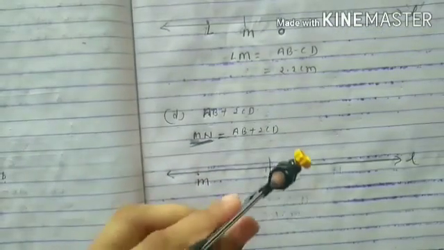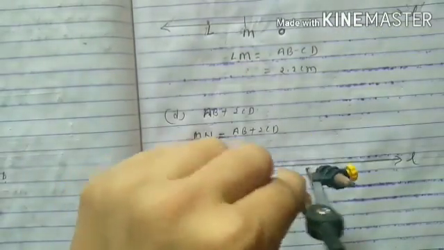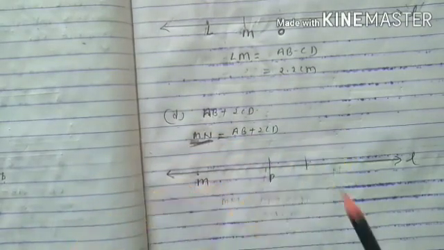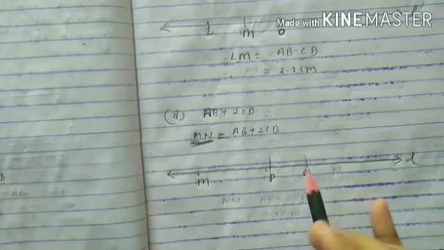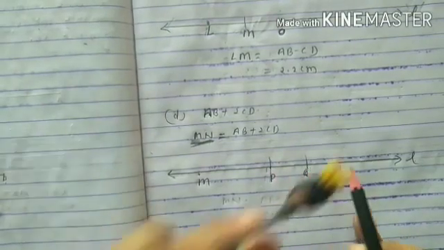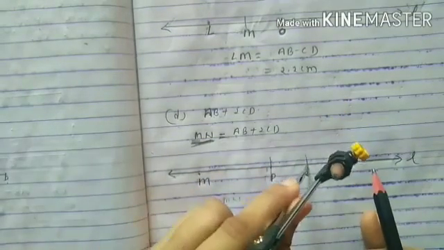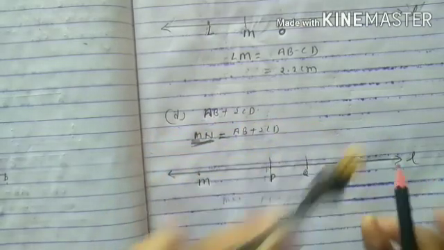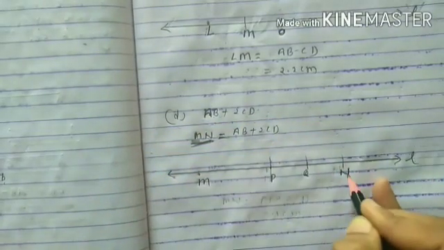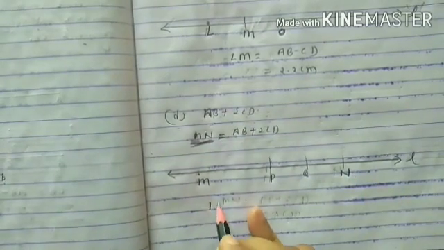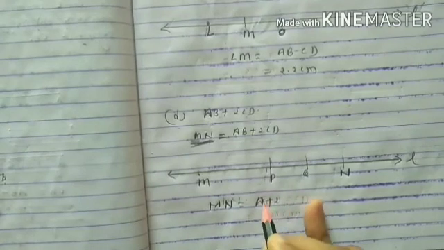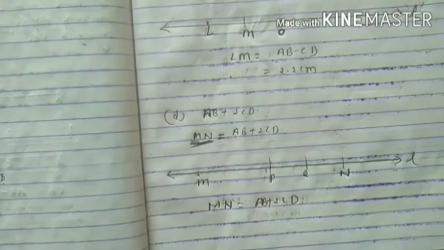Now I'll keep this metal arm at P and draw an arc. Give it the name Q. Again keep this metal point at Q and draw another arc which cuts line L and give it the name N. So MN is equal to AB plus 2CD.